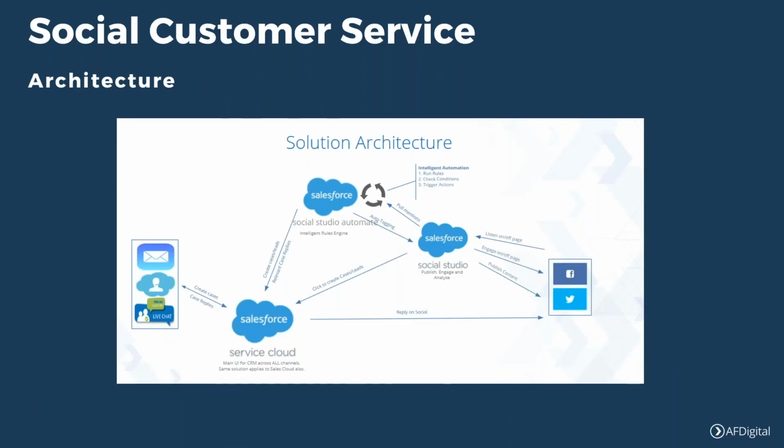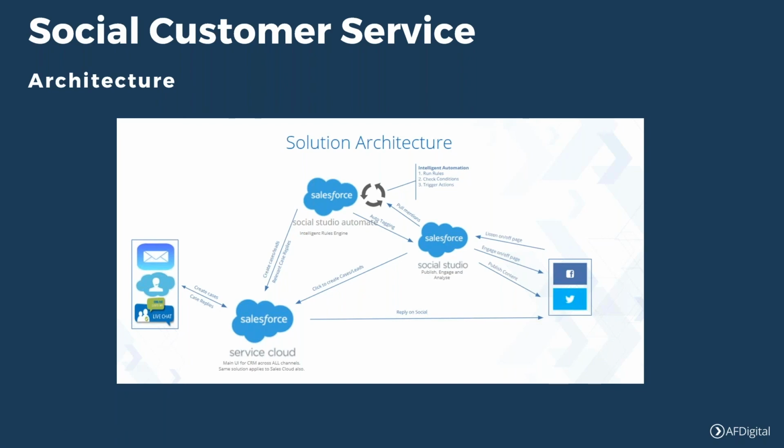So this is the overall architecture of social customer service. As you can see, Social Studio is responsible for listening on and off page, and on the back end of that, we have Social Studio Automate, which will be discussed in the next webinar. It performs automations based on rules and conditions that we have set, and applies different tags or post labels, the case type, the topic of that particular post, or the priority of that post.